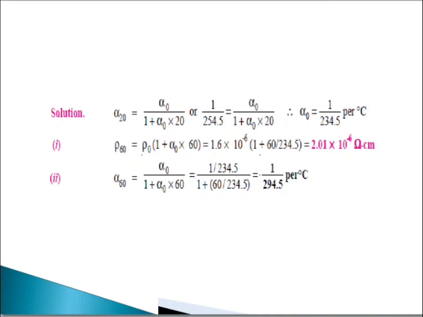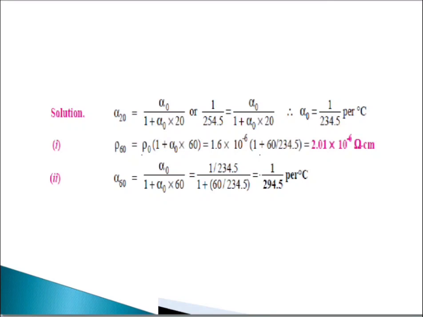Alpha 0 is already calculated, and T is given as 60 degree. From that we get the specific resistance at 60 degree Celsius as 2.01 × 10^-6 ohm meter.